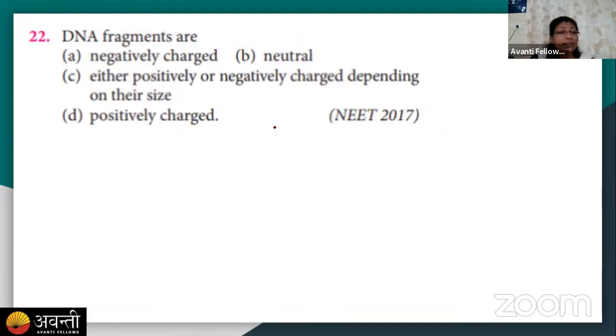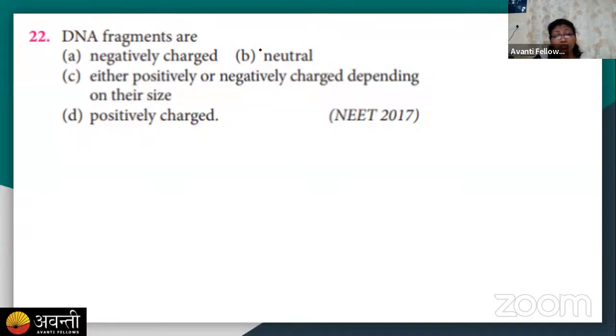Next question: the DNA fragments are. Find out which statement is correct. They are negatively charged, neutral, either negatively or positively charged depending on their size, or positively charged.